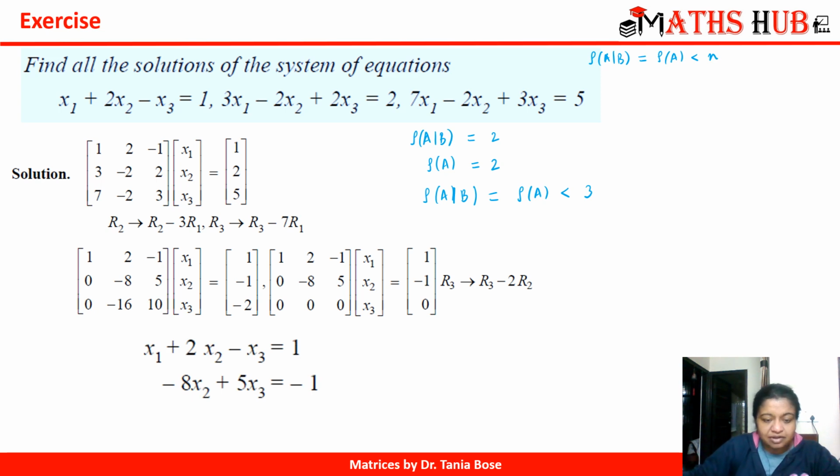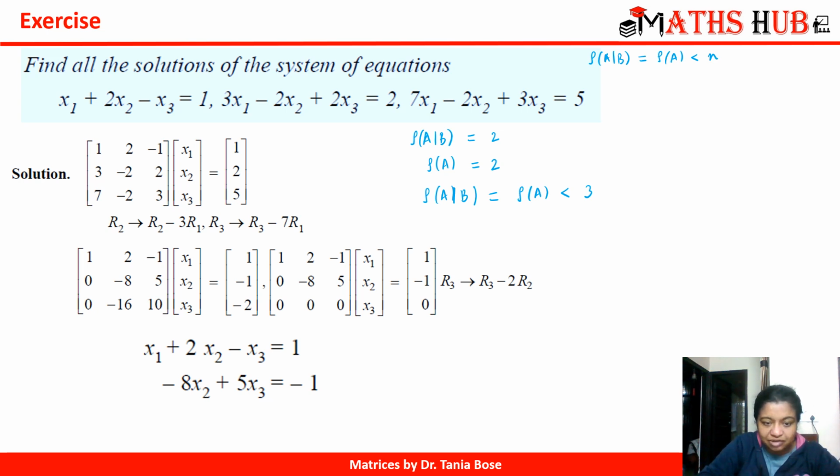How to get infinitely many solutions? We'll frame back the equations. The first equation is x1 + 2x2 - x3 = 1. The second equation is -8x2 + 5x3 = -1. When there are infinitely many solutions, the solution is dependent on something.